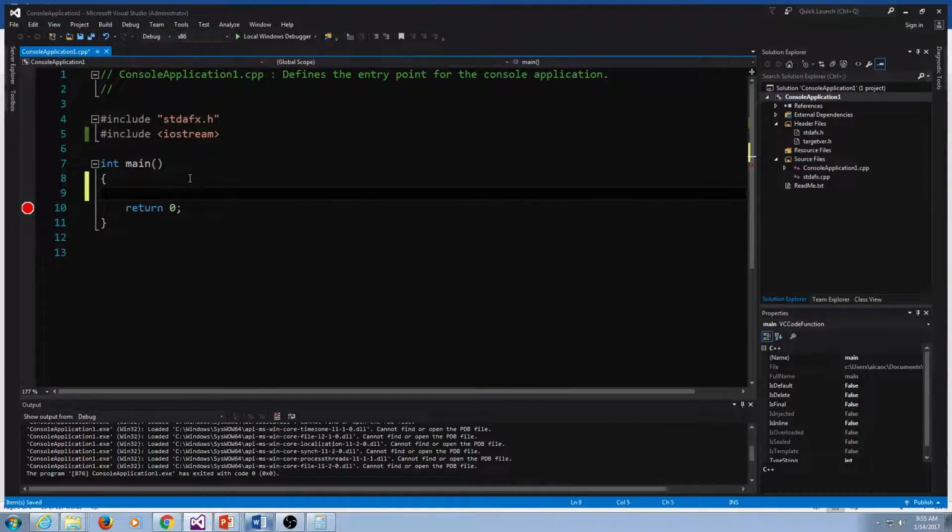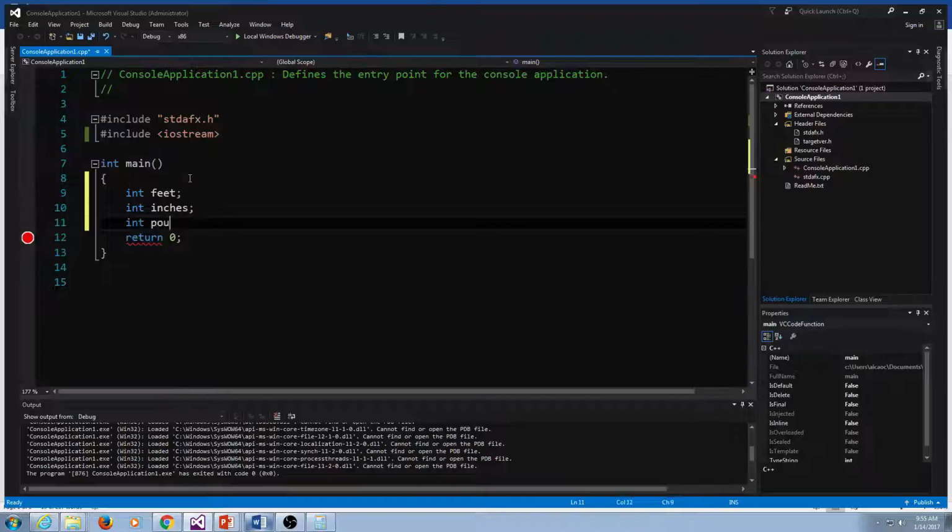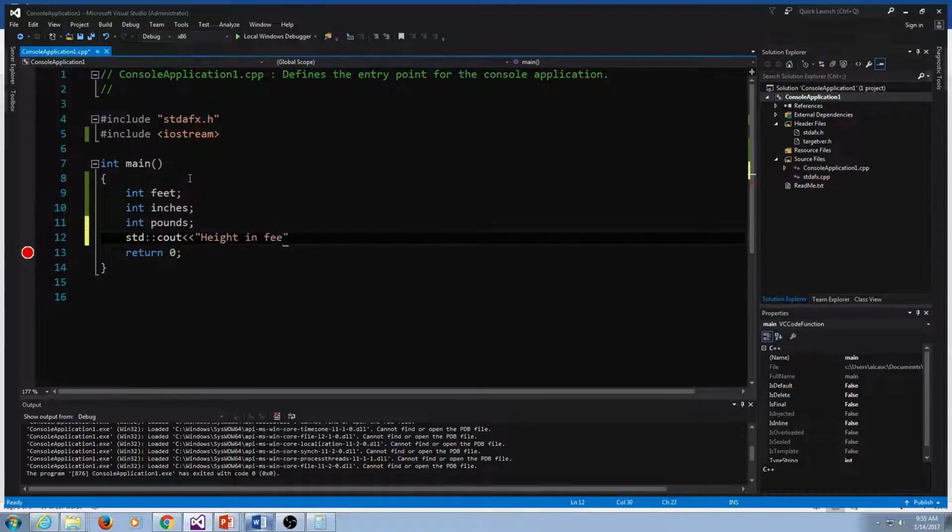Okay. So the first things first is to get all the variables that you care about entered. You're going to create a few variables: feet, inches, and then pounds. And then you're going to ask for height in feet, and inches.